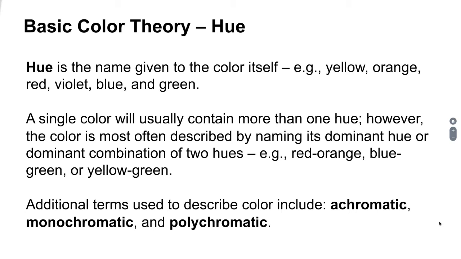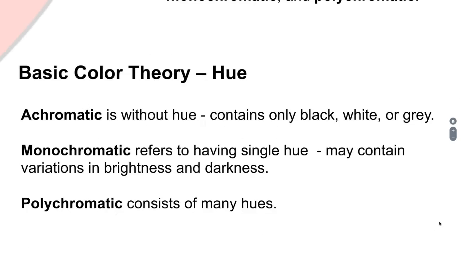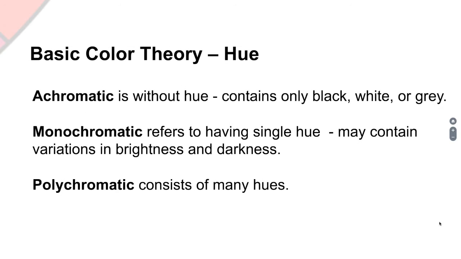There's some other terms that we use to describe color: achromatic, monochromatic, and polychromatic. We've already talked about hue, so achromatic is without hue, without color. It contains only black, white, or gray. Remember I said black and white are not colors.